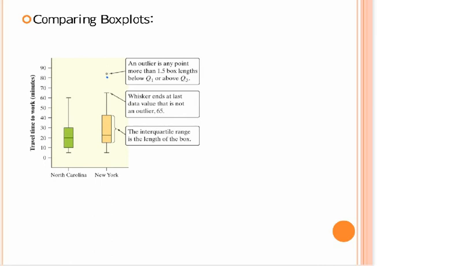So what do we notice? Well, it looks like definitely the New York is right skewed. It's debatable as to whether the North Carolina is right or if it's almost symmetrical.